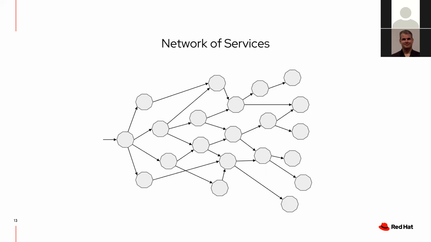When we have microservices, now they need to communicate. Each microservice will have an API or a service. We'll talk about services in a minute, but typically it's an API call or there's a queue mechanism. That's what connects this network of services together.